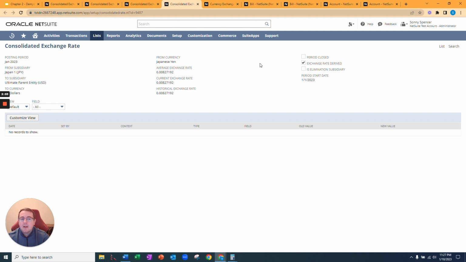That's missing from the hierarchy, therefore the consolidated exchange rates are derived. We'll see in a moment how they're derived, but what NetSuite will do is take the consolidated exchange rates between our ultimate parent entity and our APAC parent entity and multiply that by the exchange rate between our Japanese entity and our APAC entity. Let's actually prove that out.